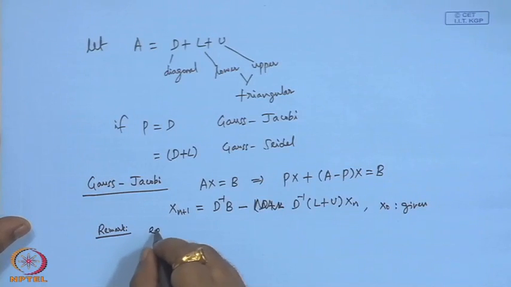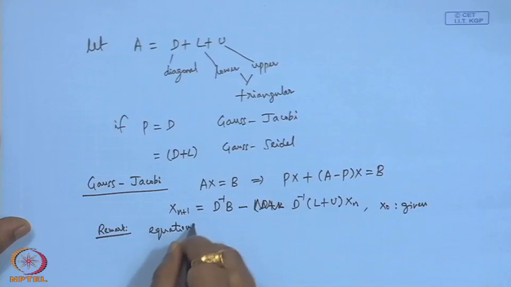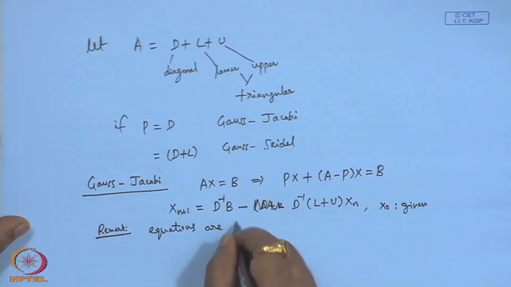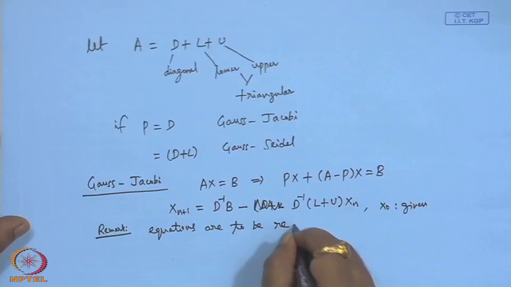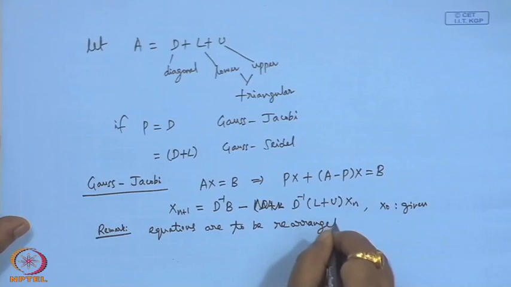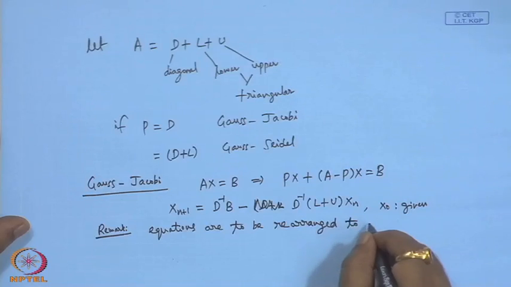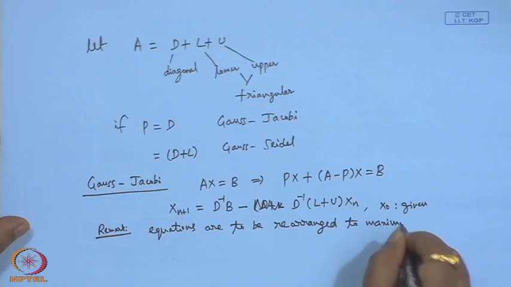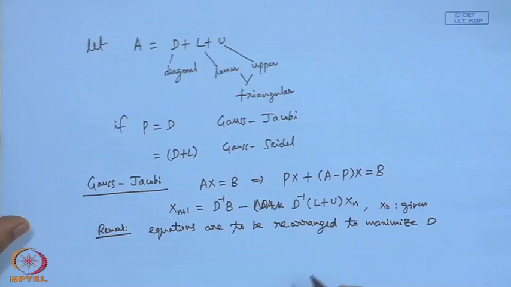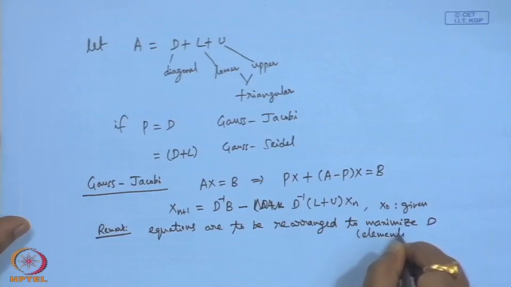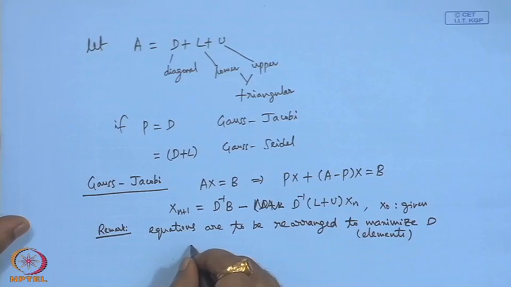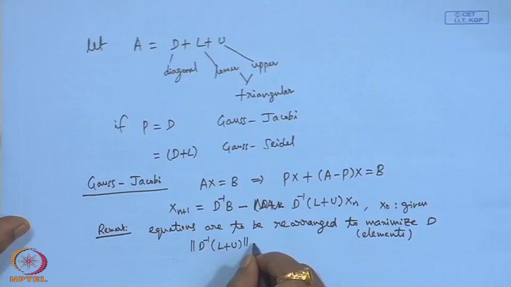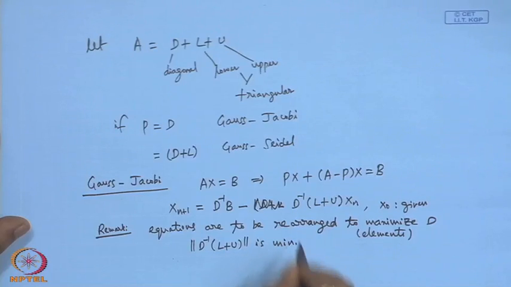In order to have that, one remark is that equations are to be rearranged to maximize D, meaning the elements of D. If you do that, then this is minimum.